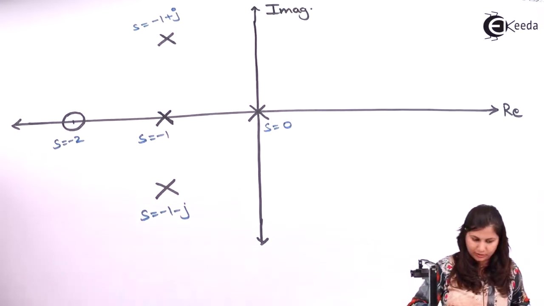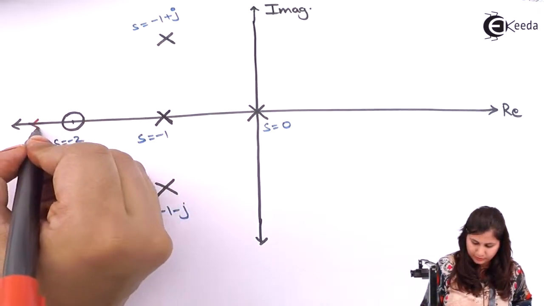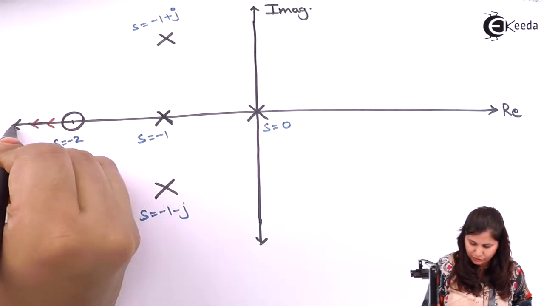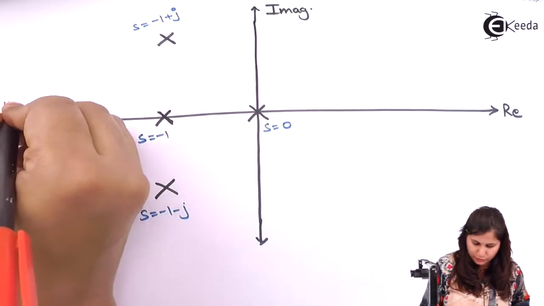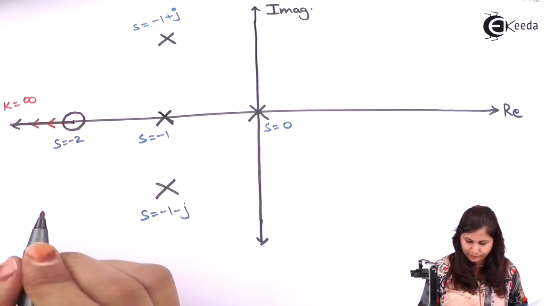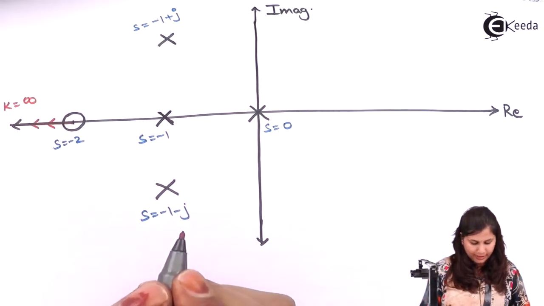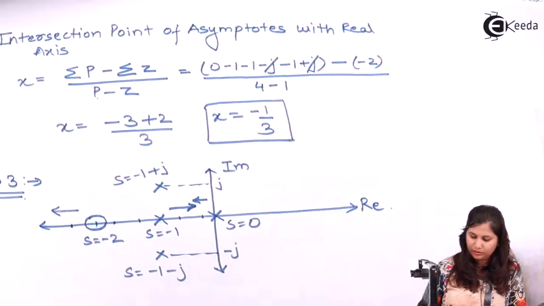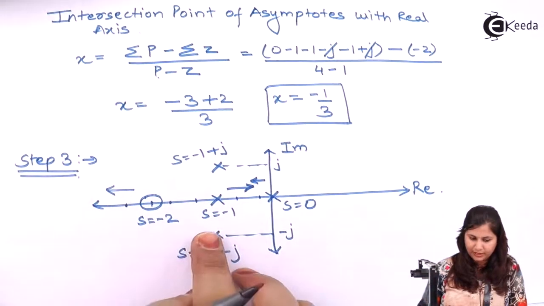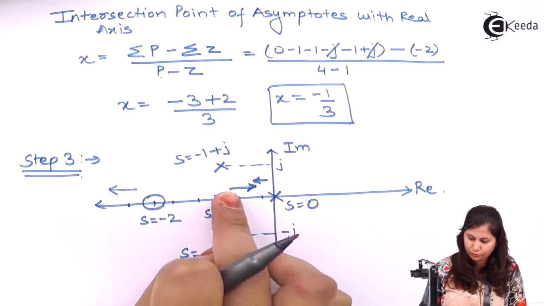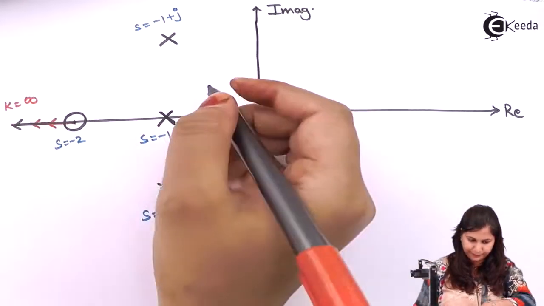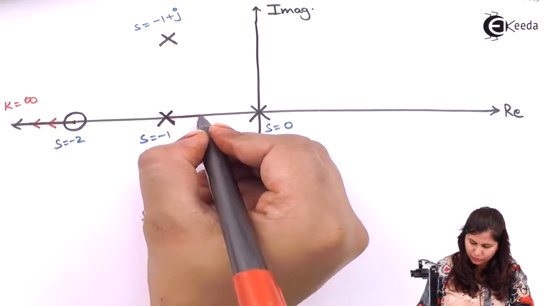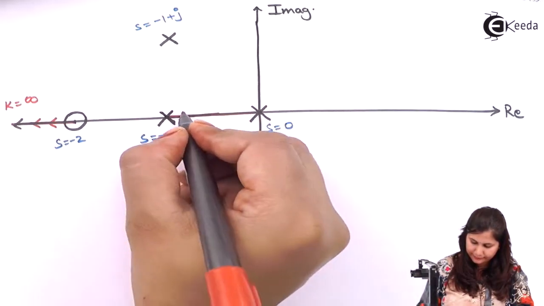So here we have one branch terminating towards k equals to infinity. Then for this pole s equals -1, we have the direction of the root locus branch towards this. So it will go to this side.